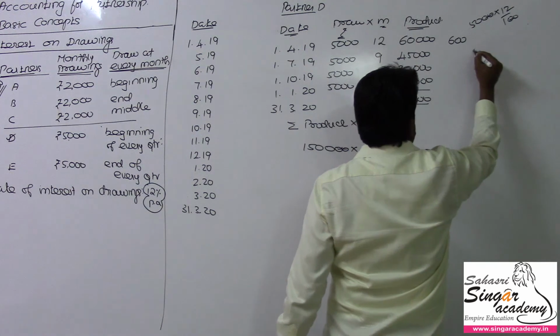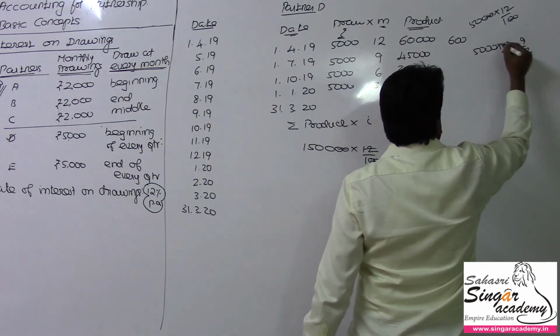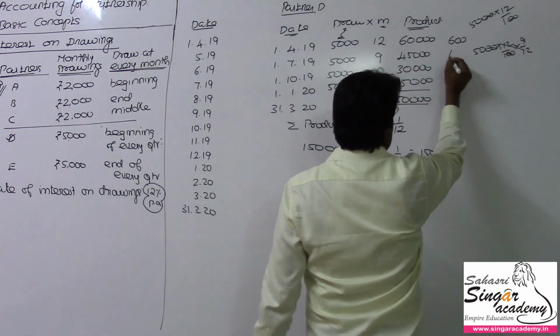The second case is 5,000 into 12% into 9 months only, so 450 is the answer. Sorry, the original value is 5,000 here, not 45,000.